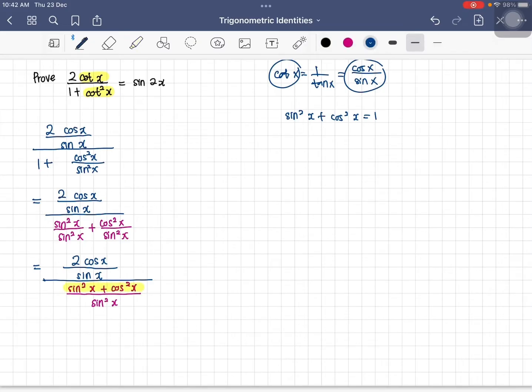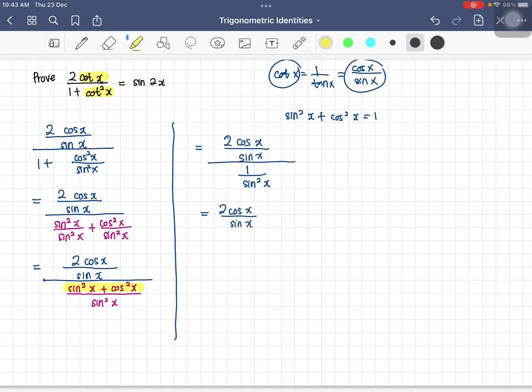So I will have the numerator as 2 cos of x over sine of x, divided by 1 over sine square of x. This will give me 2 cos of x over sine of x.